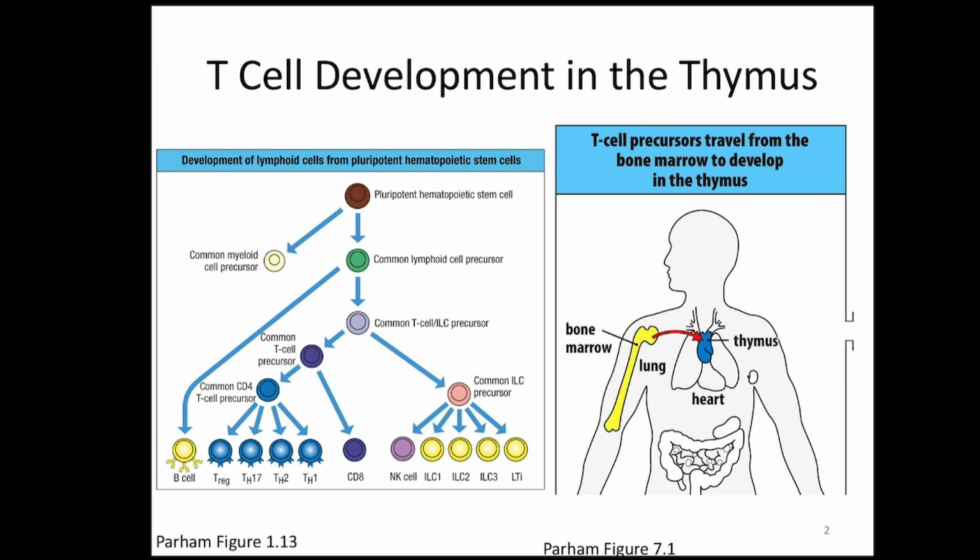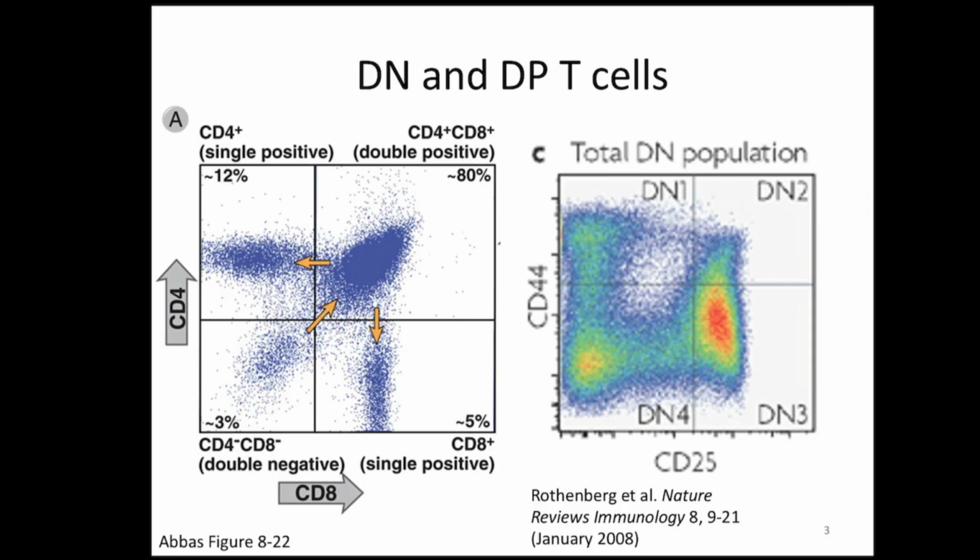And so we could tell that there were certain types of proteins on the surface of cells at different stages of T cell development. And so the people who were studying T cell development were doing a lot of flow cytometry to break down the developing T cells into different groups.